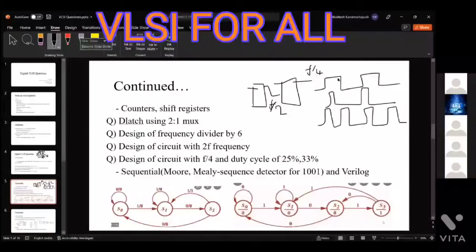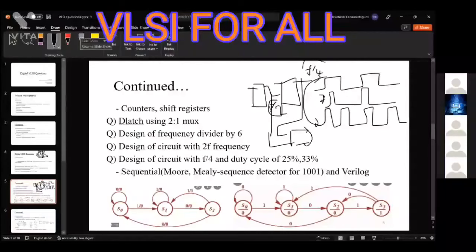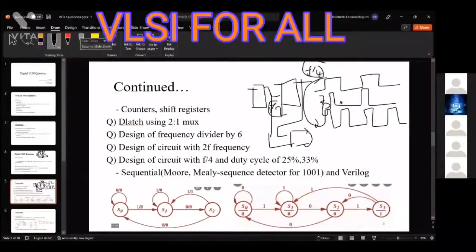Now, if you do just the AND operation between this f/2 and f/4, you can get the 25% duty cycle signal. Just a slight modification in the circuit is needed. It will be done using an AND gate. Is that okay? Okay, sir.